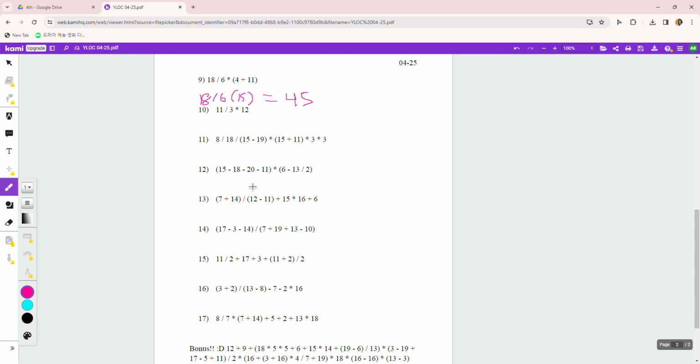So this one, what's in the parentheses is all subtraction. So you would have to go from left to right. You would have to first do 15 minus 8, negative 3, minus 20, minus 11, and then that multiplied to 6 minus 13 over 2.